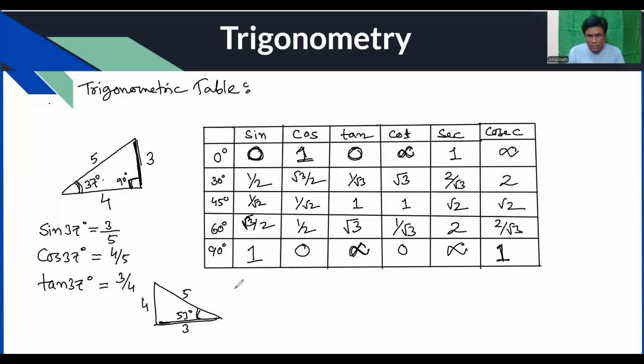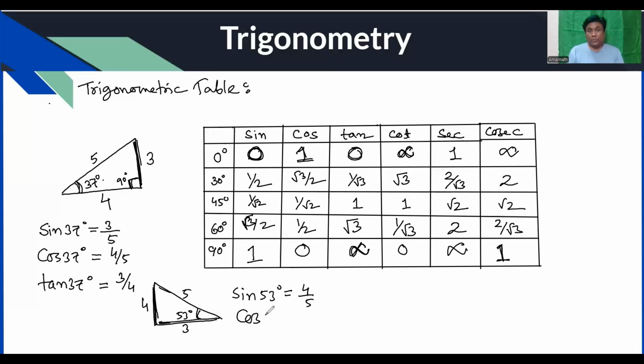So from that, can you say what the sine 53 will be? Remember, sine theta means perpendicular by hypotenuse. Sine 53 degree is 4 by 5, very good, because 4 is the perpendicular and 5 is the hypotenuse.